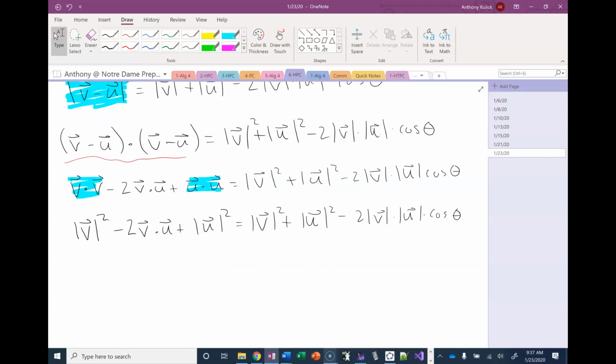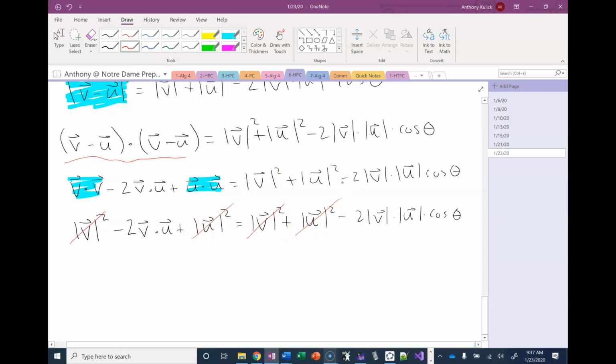Everybody okay here? What's going to happen if I subtract the magnitude of v squared from both sides? They're going to cancel. And if I subtract the magnitude of u squared from both sides?